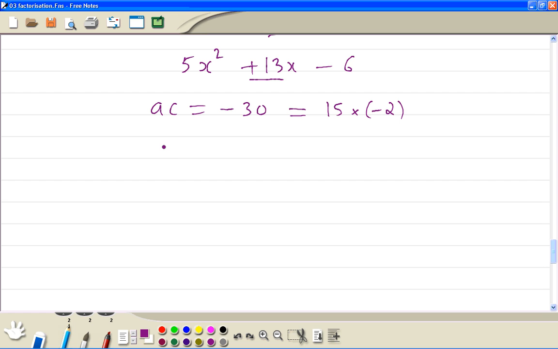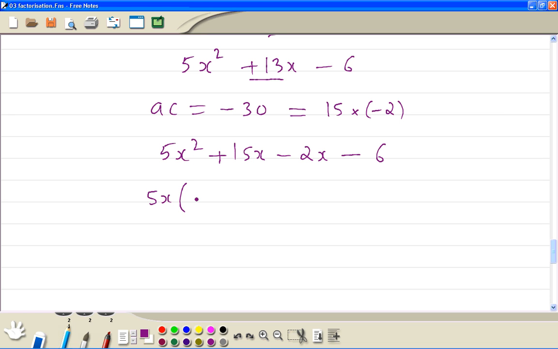So we split 13x into two parts, 15x and minus 2x. Then we have 5x as a common factor.